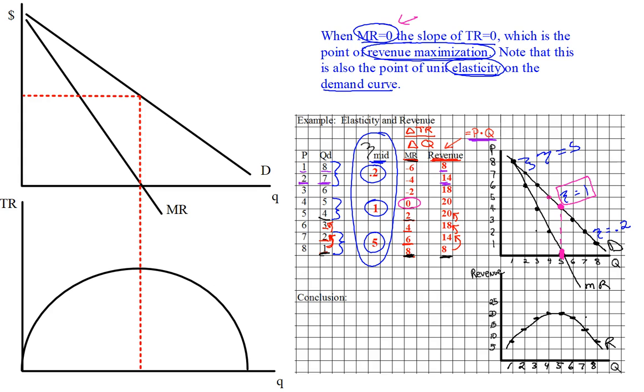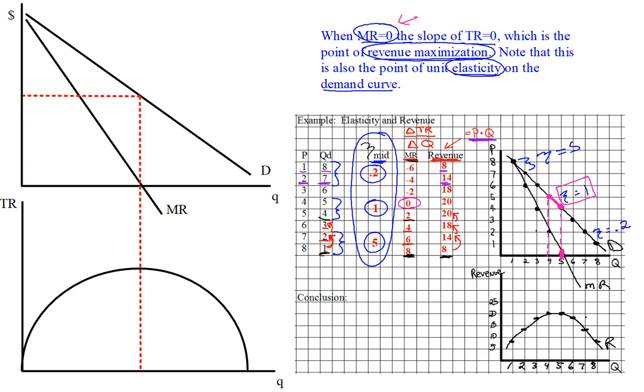Technically, it's when we go from this point to this point. In between those two points, the elasticity is equal to 1. That's called unit elastic. Now, here's what we know about unit elastic.